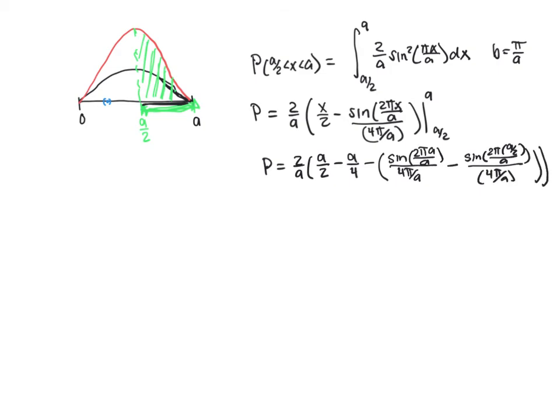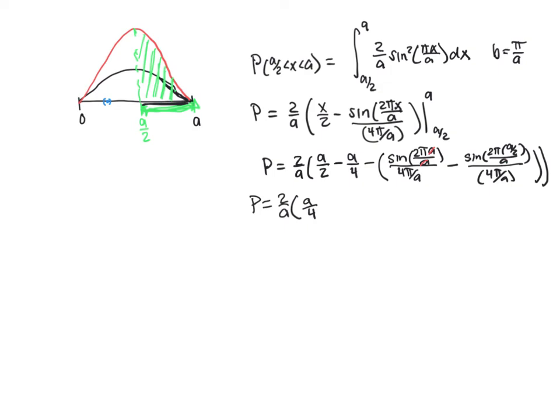Okay, so let's see what we got here. Our probability then is 2 over a, and then a over 2 minus a over 4 is equal to a over 4. So I have a over 4. And then the a cancels here, and I have sine of 2 pi. Sine of 2 pi is equal to 0.